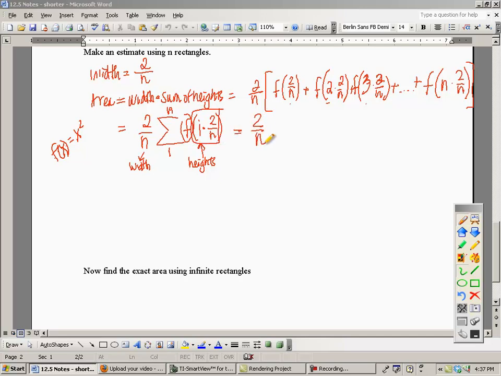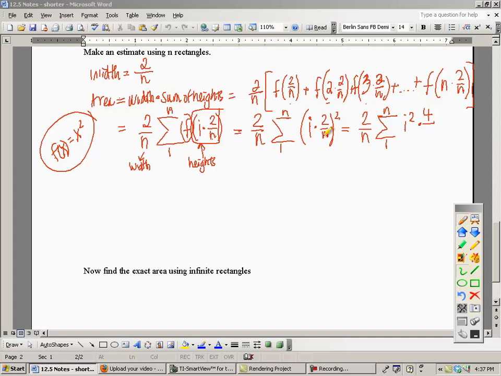So 2 over n times the sum from 1 to n, and now for this f of i times 2 over n, I'm going to square each of these, because I'm really asking what's i times 2 over n, squared, and I'm plugging it in this function, f of x equals x squared. Okay, so let me show you what that looks like. 2 over n times the sum. When I square I get i squared. 2 squared is 4 over n squared.